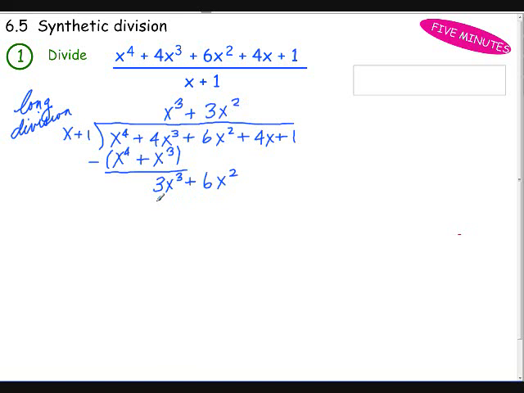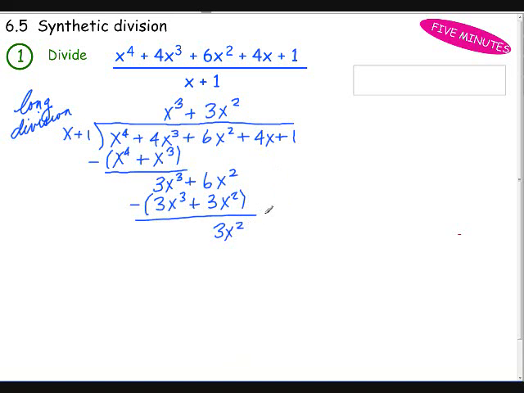When I do so, I get 3x cubed and a positive 3x squared. Now I'm going to subtract that to give me the 0 I wanted, and here I'll have 3x squared.